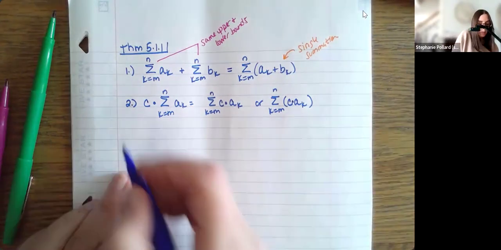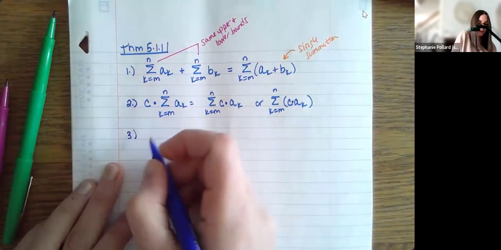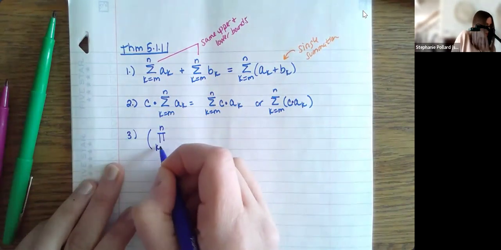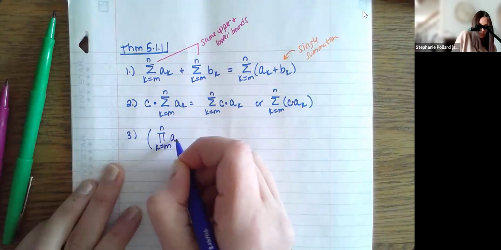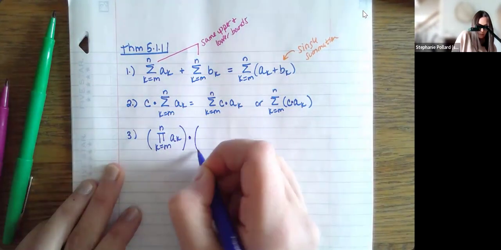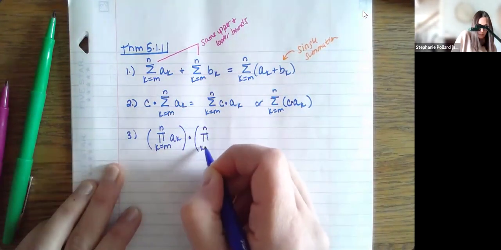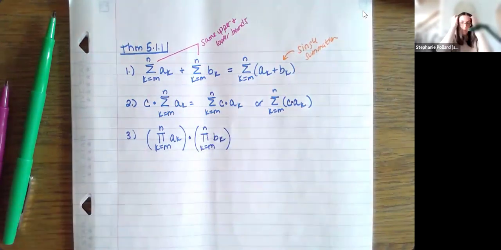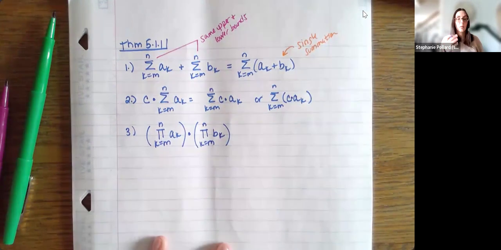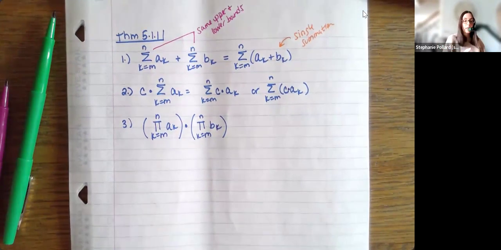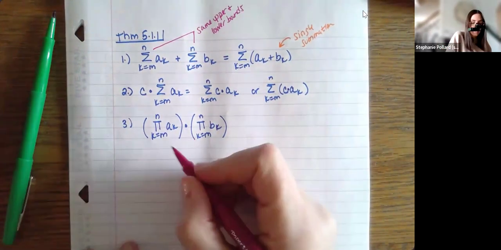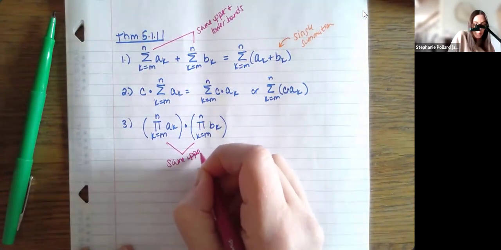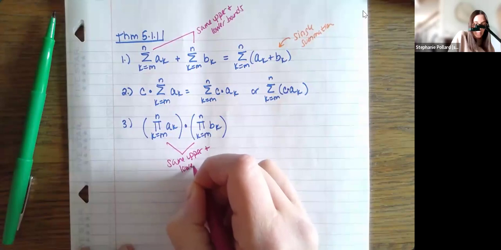And then I have a product one as well, very similar to the first one. Okay, so let's say we're multiplying two products together. So we have two product notations that are being multiplied. And again, notice here the big thing is that you have the same upper and lower bounds.